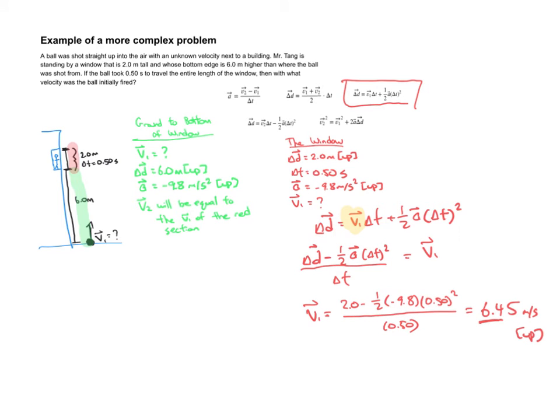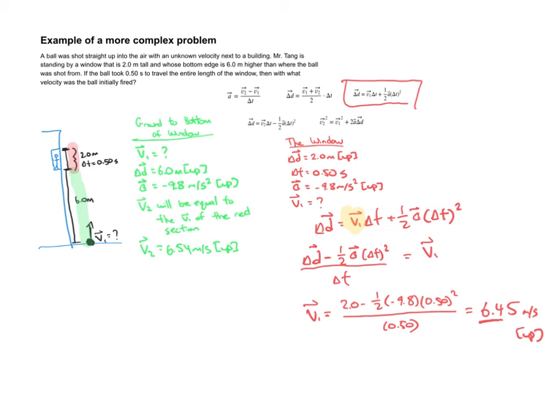Okay, so that value, that v1, that's the starting speed of the window section, which I am going to transfer over now to become the v2 of the green section. All right, that is my third number that I have to work with in my green section.